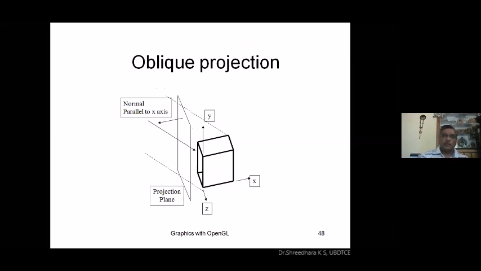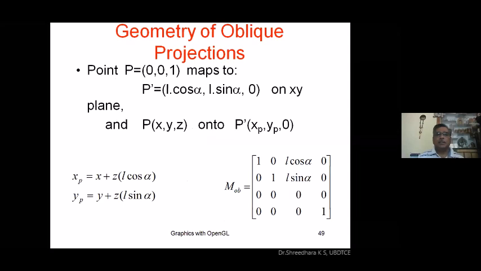These are not in your syllabus. Just for clarity, I am giving this projection system. So the geometry of oblique projection: here a point P (0, 0, 1) is mapped to P dash (L cos alpha, L sin alpha, 0) on the xy plane.